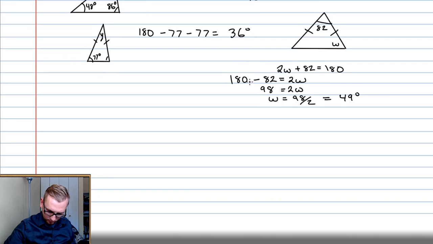Okay, let's see what else she's got here, see if we can figure it out. Finding the whole given percentage. Okay, we've got percentages here.